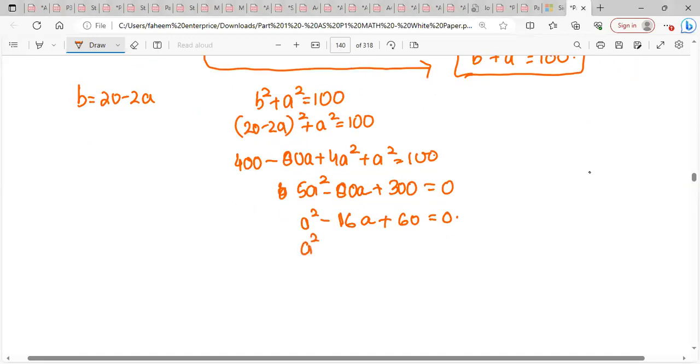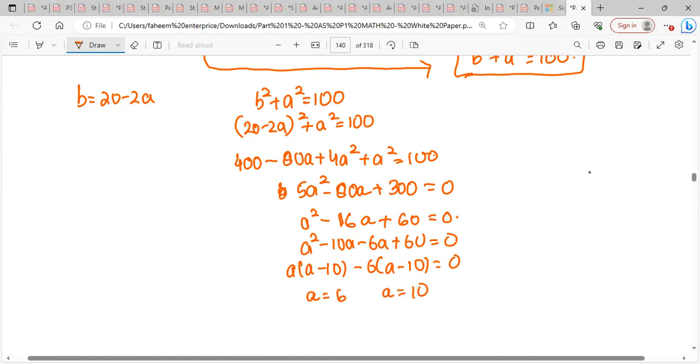The factors for this will be a squared minus 10a minus 6a plus 60 is equal to 0, so (a - 10)(a - 6). So a is equal to 6 and a is equal to 10. So you have two values for a.